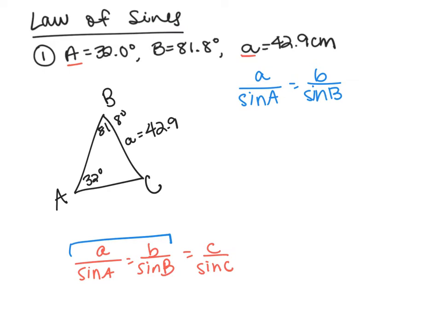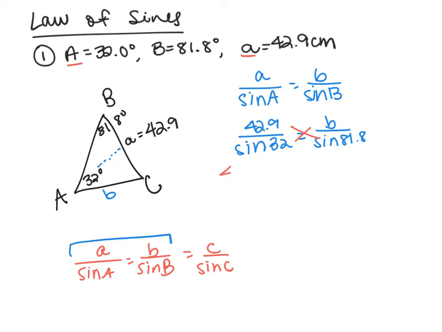What we're going to solve for first right now is side b. Like I said, law of sines works in opposites. So we have our one full opposite pair of A's. That means we can solve for our other opposite. So we will plug in 42.9 over sine of 32, and that equals b over sine of 81.8. Now we have a proportion, and we just cross multiply, divide.